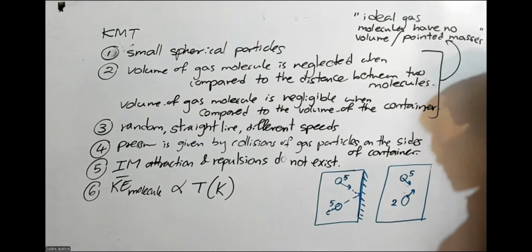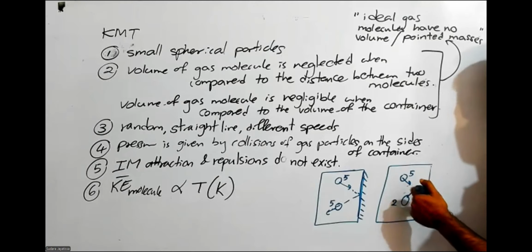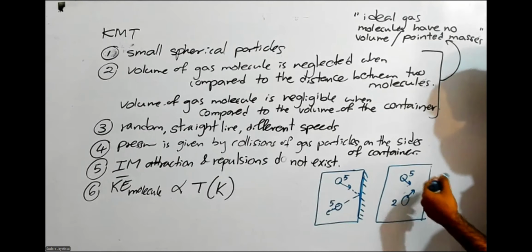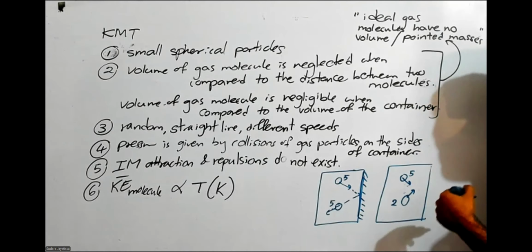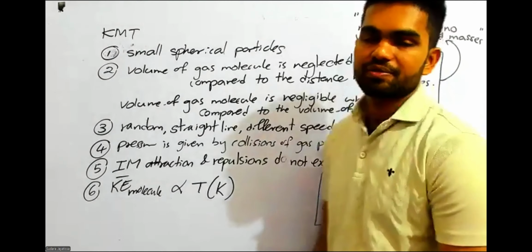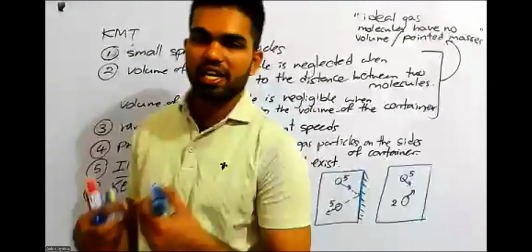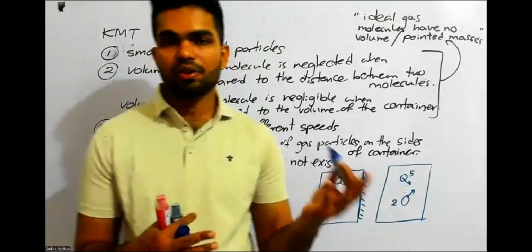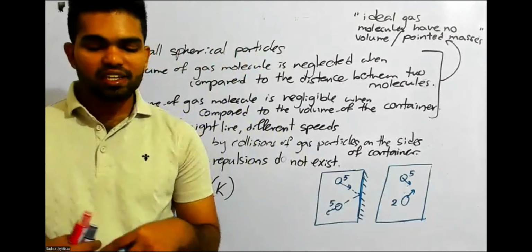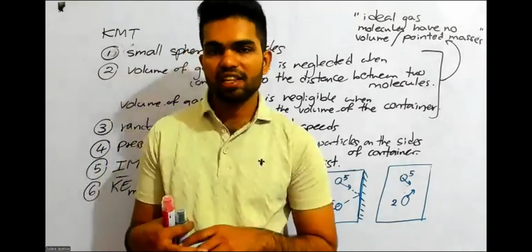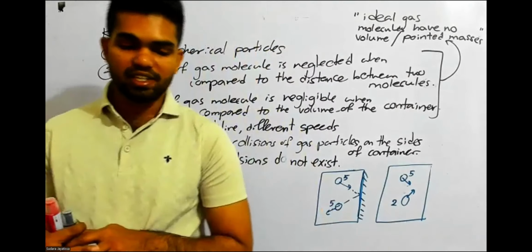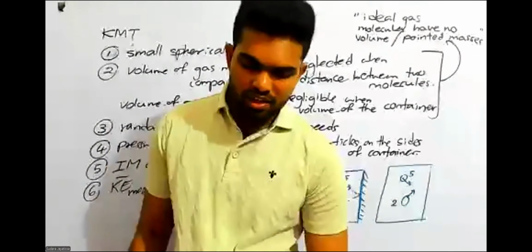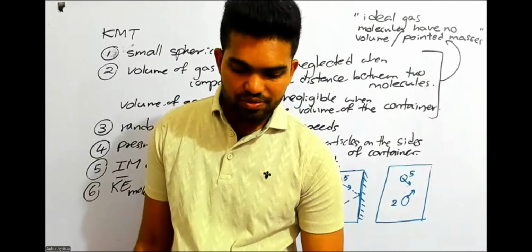Then after the collision, both speeds may get changed. I can't say must change, they may change. When speed is changing, then velocity will also be changing. So in collisions of particles with one another, speed and velocity both might get changed. Understood? Those are the possible collisions.